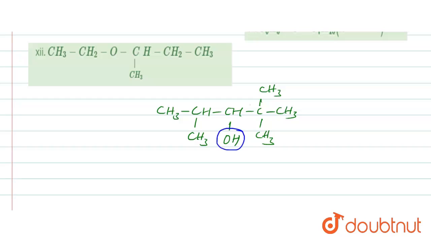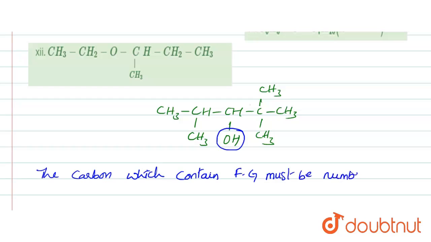So the functional group rule is the rule that the carbon which contains functional group must be numbered with a least number.